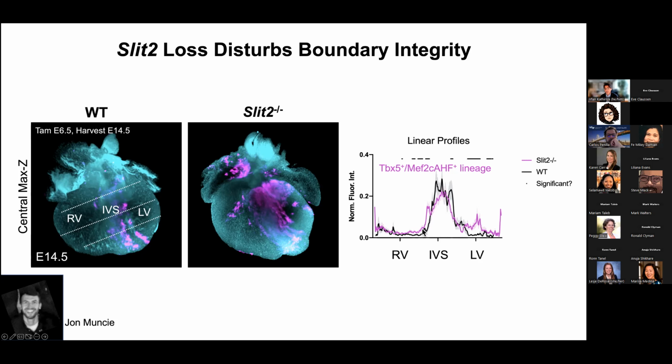You can see that the lineage is still centered on the IVS, but it's a little bit broader. And what that means is that the broadening pattern means that this boundary that I brought up earlier, there's mixing happening. So really the boundary integrity is not maintained. So this is somewhat consistent with a part of the TBX5 phenotype.